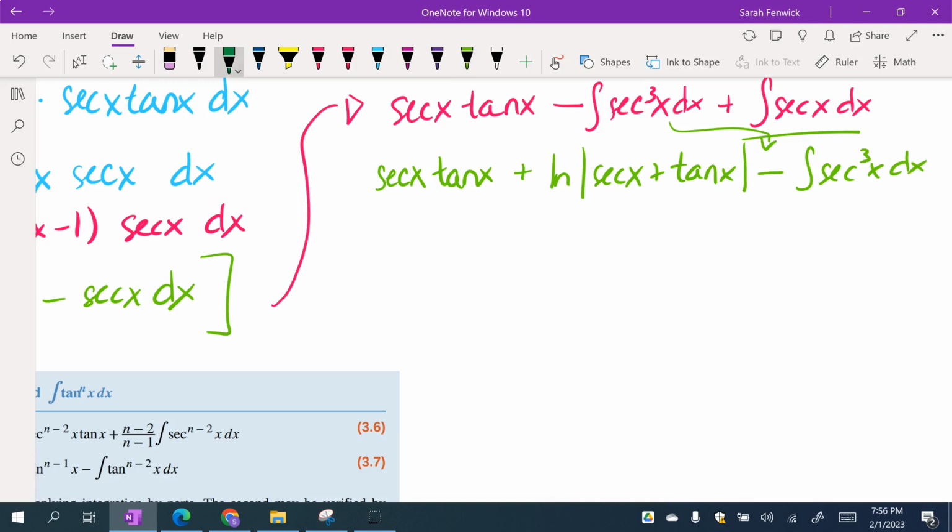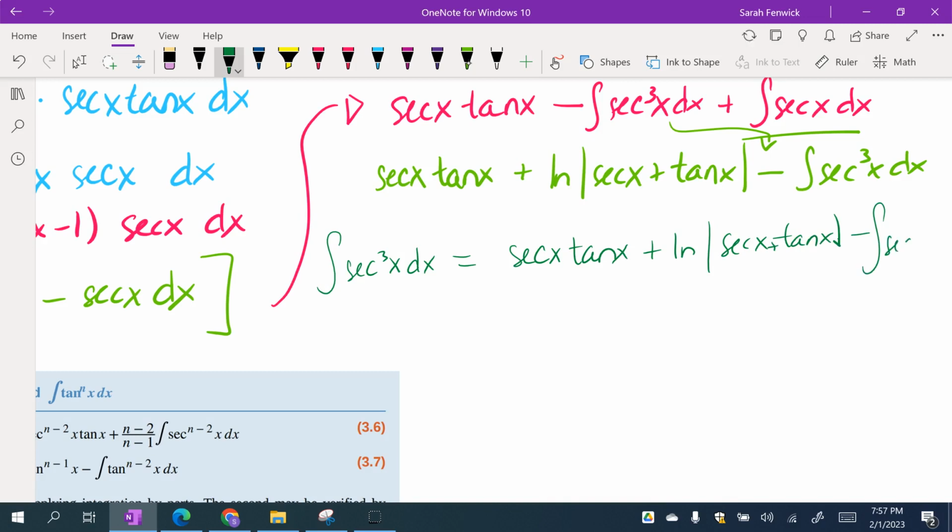We did this earlier, where we set our problem, the integral of secant to the third x dx, equal to what we've got so far, plus natural log of secant x plus tan x. There's a plus in there. Minus the integral of secant to the third x dx.